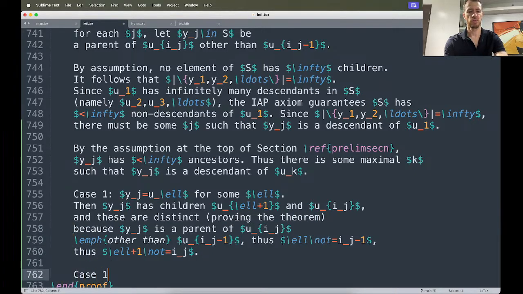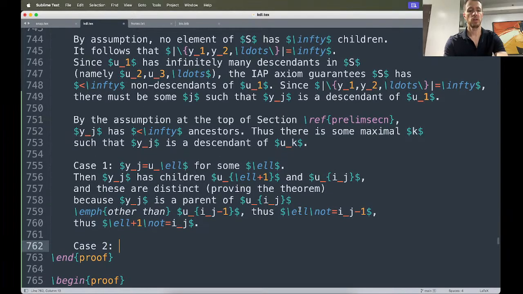Now case 2. Y sub j is not of the form u sub l for any l.